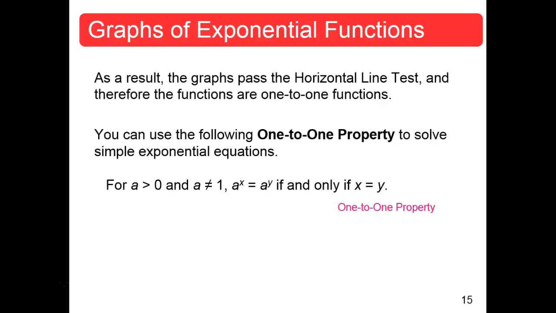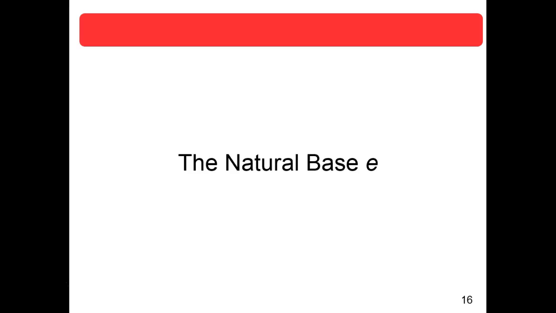Now, we're going for all a's greater than 0, never negative, can't be 0, and not equal to 1. If a to the x is equal to a to the y, that's true only if x is equal to y, because they're one-to-one functions. If this output value is the same as that output value, the input values have to be equal. One-to-one property.